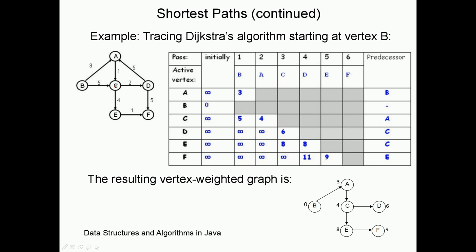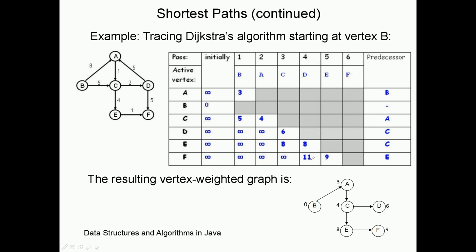Now from C, where can we go? D and E. So D we're going to make 6, and E 8, because we're coming from C. Then we start with D and see what happens. From D, where can we go? We can go to F, and how much does it cost us? 11.